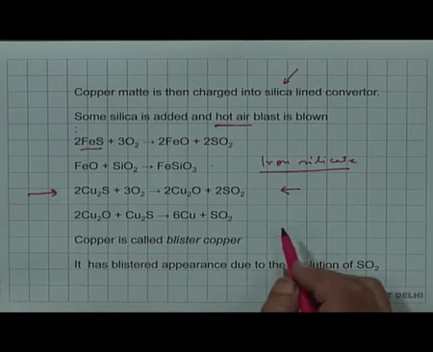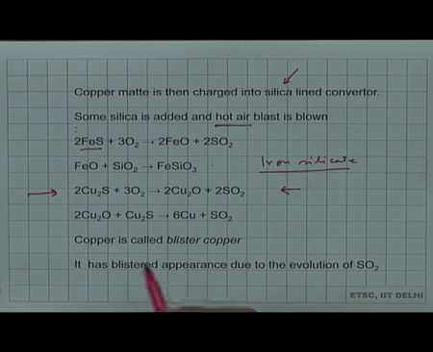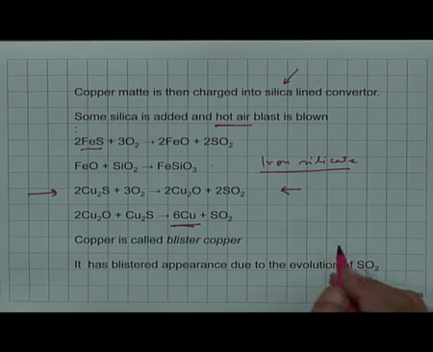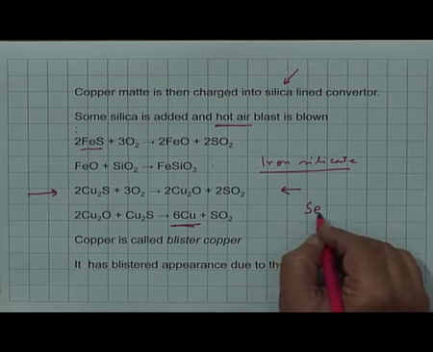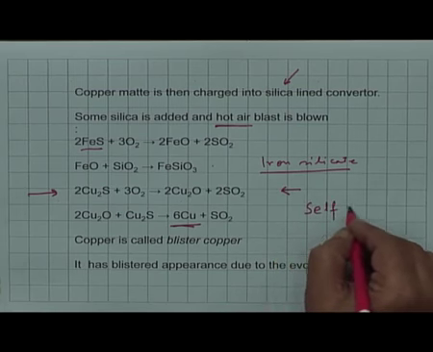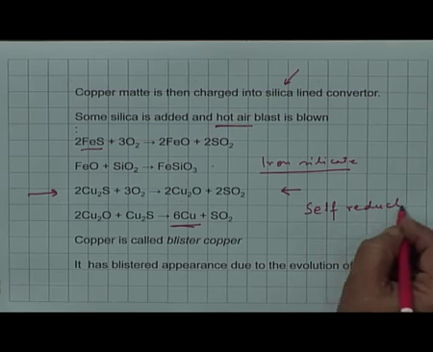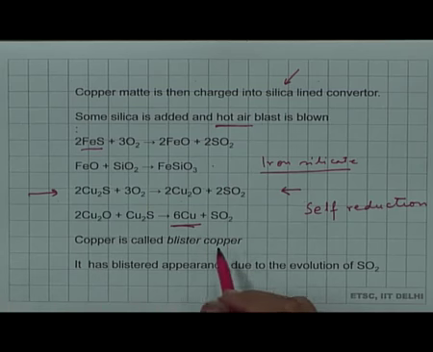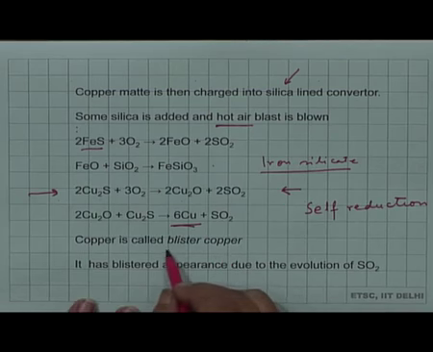Now, this copper oxide which is formed reacts with copper sulphide to get copper in pure form. This is called self reduction, and since sulphur dioxide evolves from the copper, on the surface of the copper blisters are formed.